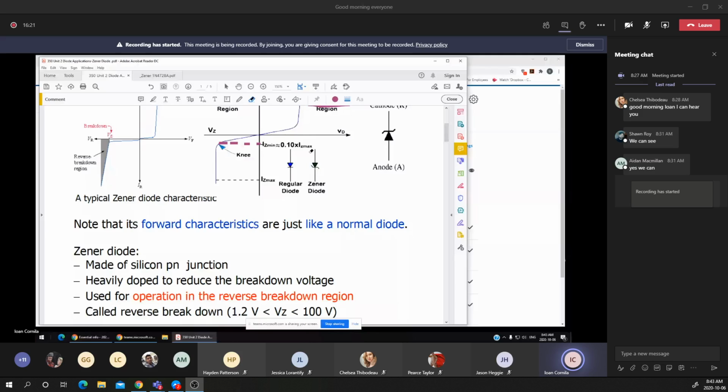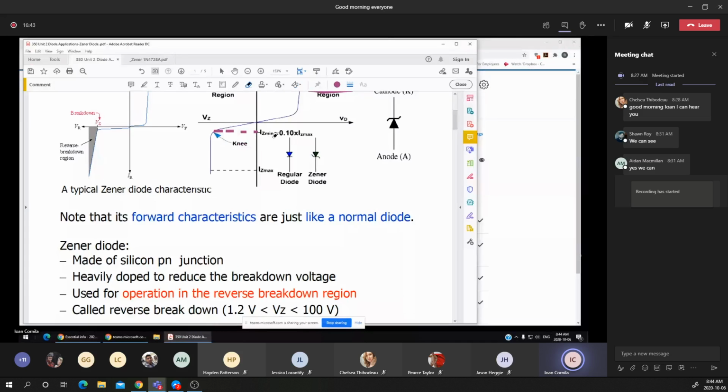Usually, I'm not saying always, we can approximate the minimum current as 0.1, or 10% of the maximum current. It is not a rule, but an idea about the minimum value for the current and the maximum value for the current.